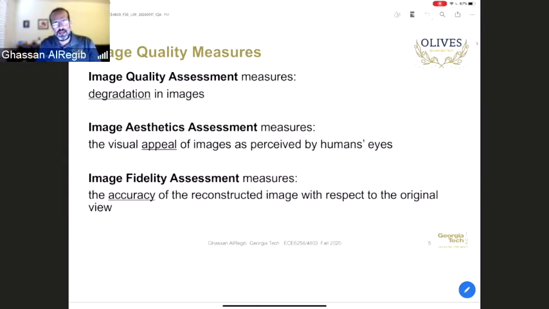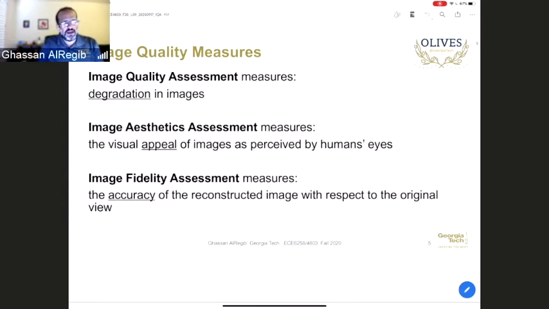Image aesthetic assessment is really more about the visual appeal of the image to the human eye. This is a topic that we will not study in this course, but it's highly related to image quality assessment, because at the end of the day, it's the human who is evaluating either the quality or the aesthetic component, the appeal in the image.